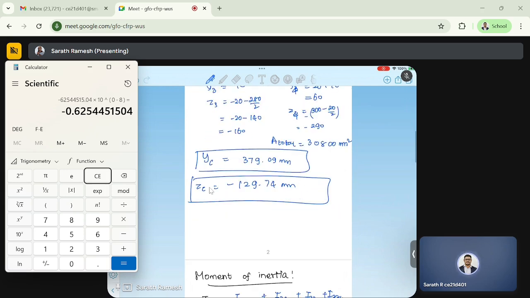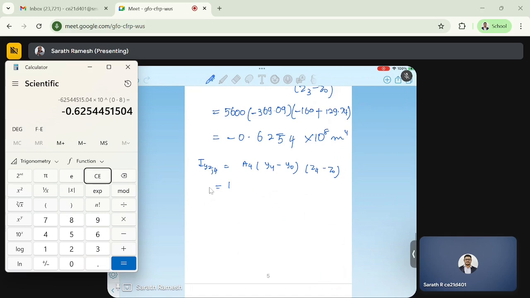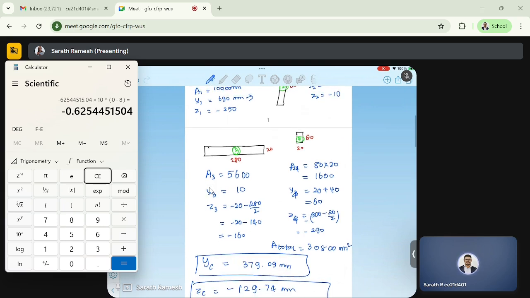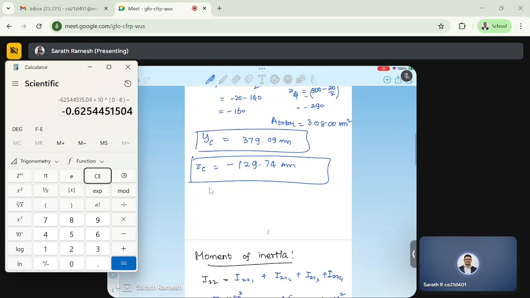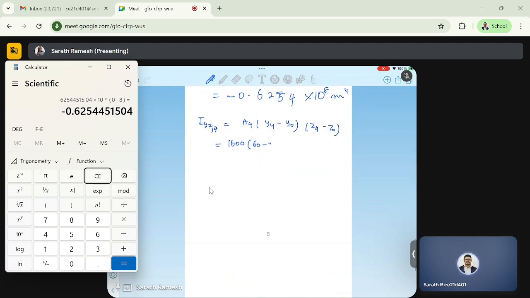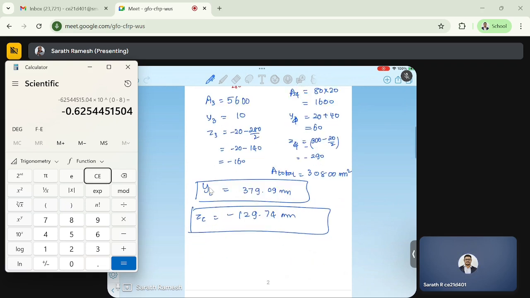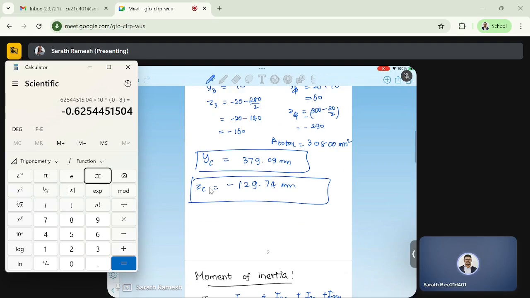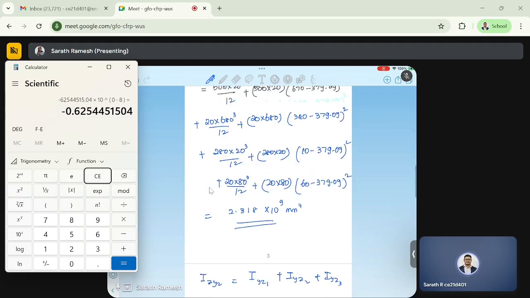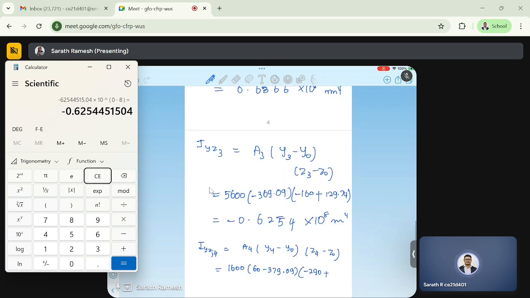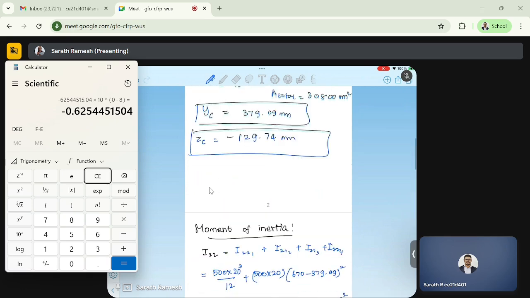A4 is 1600 times y4 minus y naught, where y4 is 60, so 60 minus 379.09, times z4 minus z naught. Z4 is minus 290 plus 129.74.